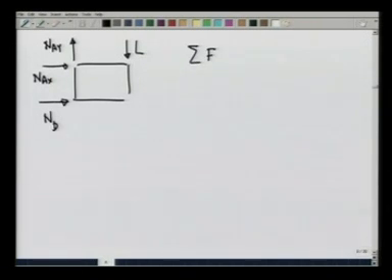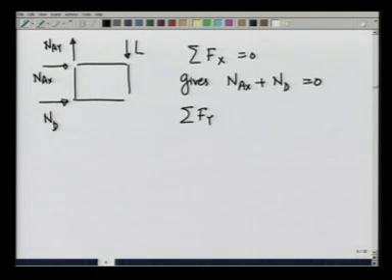Summation f x equals 0 gives N a x plus N d equals 0, and summation f y equals 0 gives N a y minus L equals 0, or N a y equals L, that is, it is in the vertically upward direction.